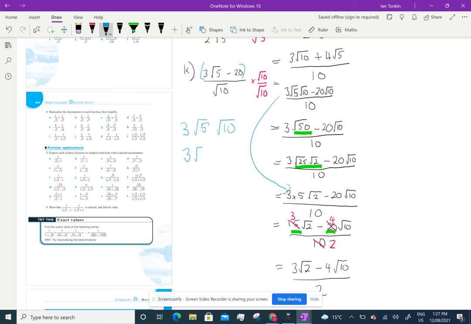Well, 3 root 5, I can write root 10 as root 5 root 2. And root 5 times root 5 is 5, so I get 3 times 5 root 2, which gives me 15 root 2. Same answer. You don't have to multiply and then look for a square number if you can see the factors in it.